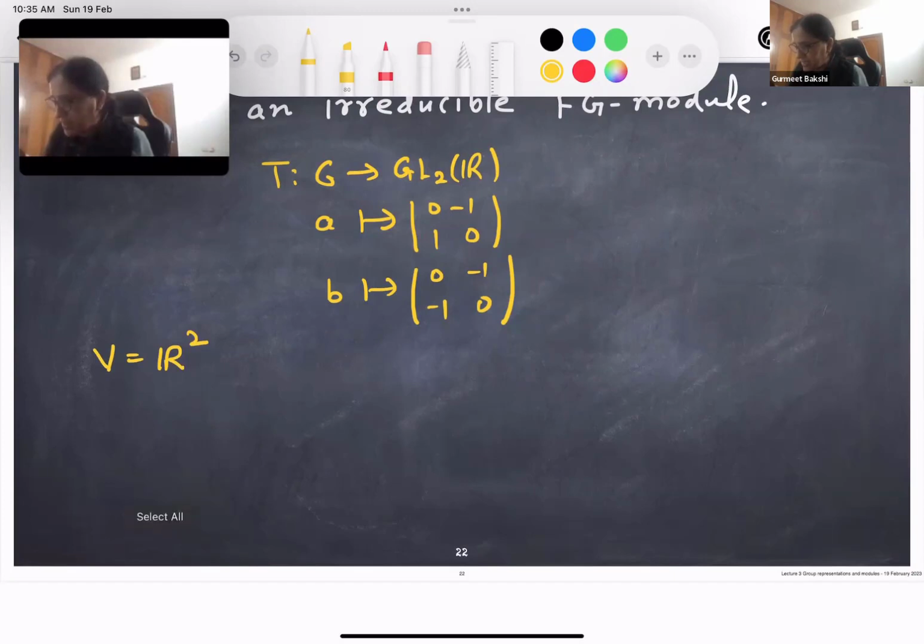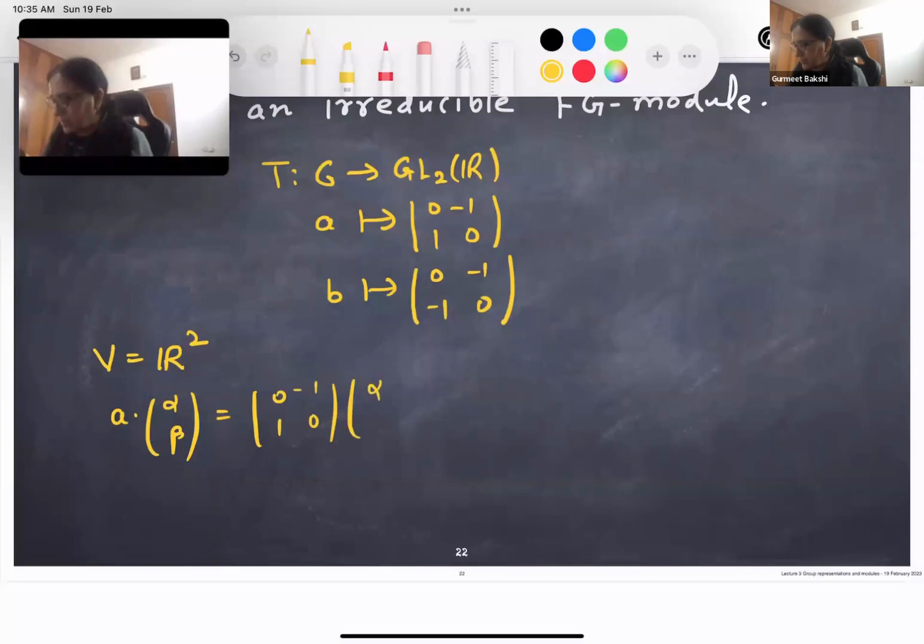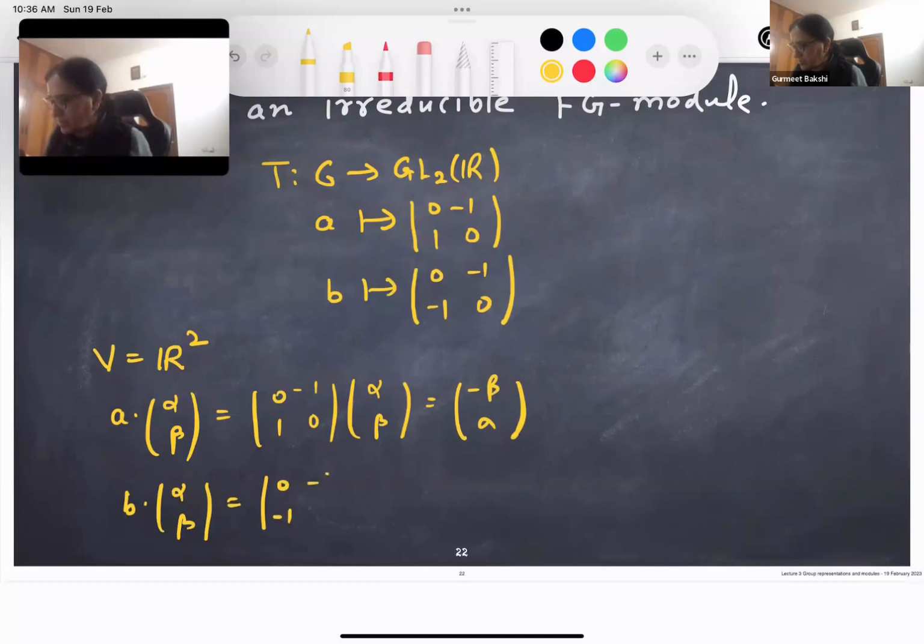A dot elements of V, which I will write as columns (alpha, beta), is (0, 1; -1, 0) times (alpha, beta), so this will be (-beta, alpha), and B dot (alpha, beta) will be (-beta, -alpha), right? I hope this is correct.